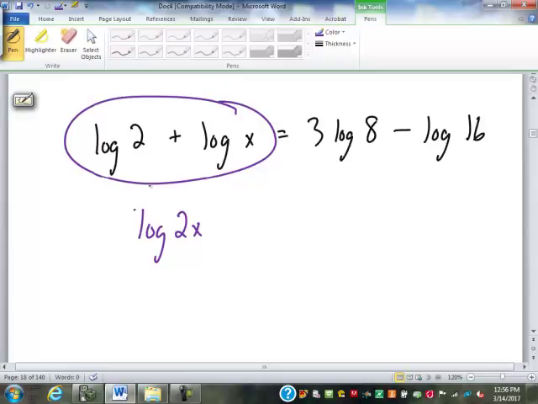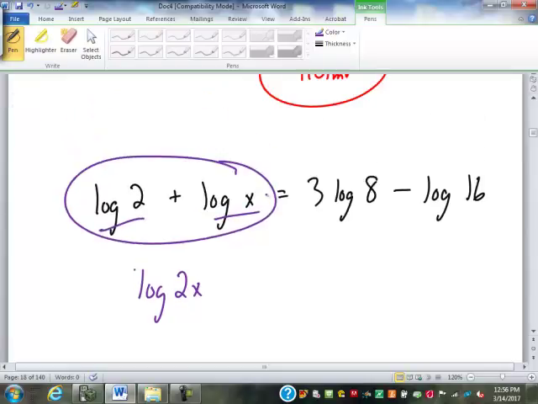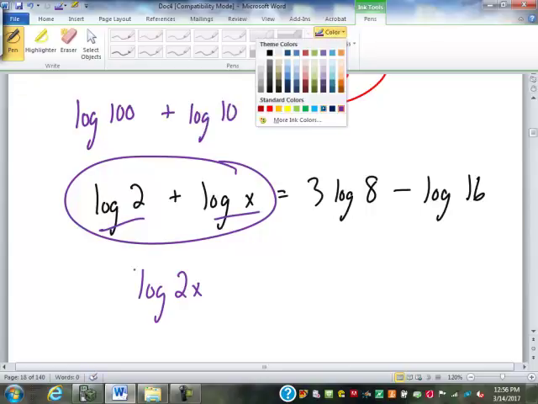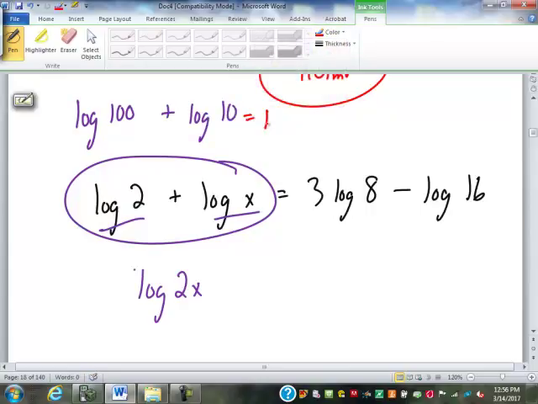The log of 2 times x is the log of 2 plus the log of x. We looked at this. Let's say we had the log of 100 plus the log of 10, that's going to equal the log of 100 times 10. Because this is 2, this is 1. Well, log of 1,000 would be 3. So it adds up.